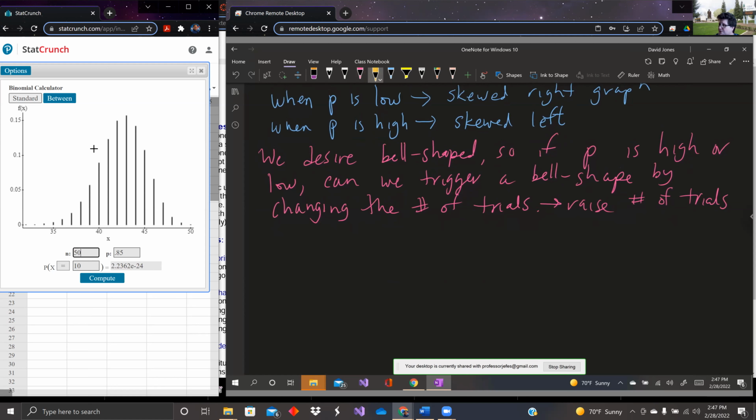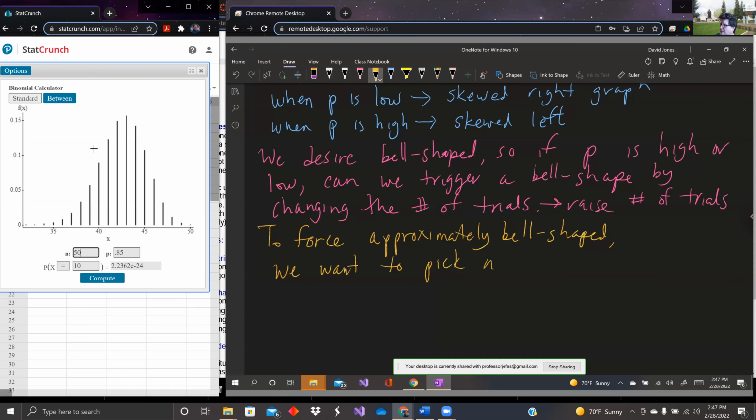What we want to do to force a bell shape, or force approximately bell-shaped, we want to pick n such that n times p times 1 minus p is greater than or equal to 10.